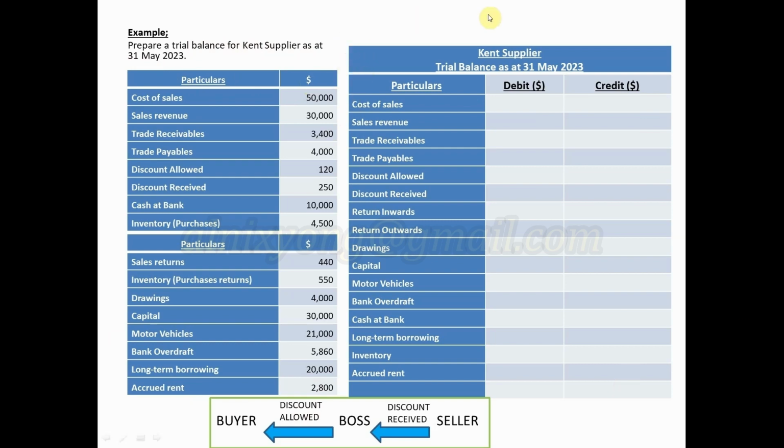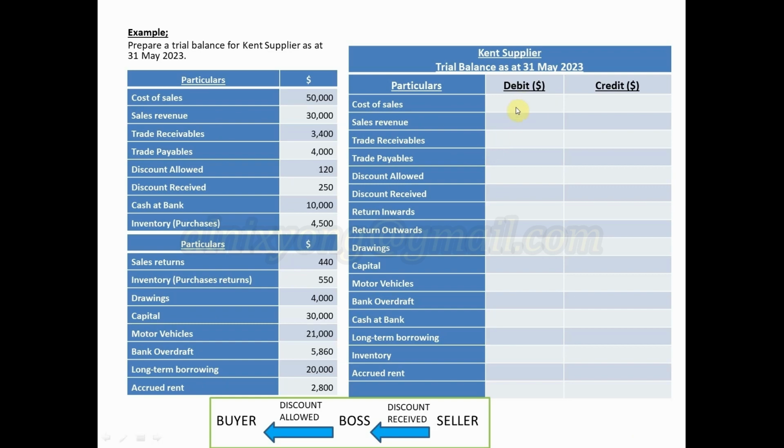Then at the right hand side is the trial balance template. It should have a company name, and then trial balance as at 31st May 2023, and then you have a particular column, debit column, and credit column. Then the particulars we exactly copy and paste from the question.